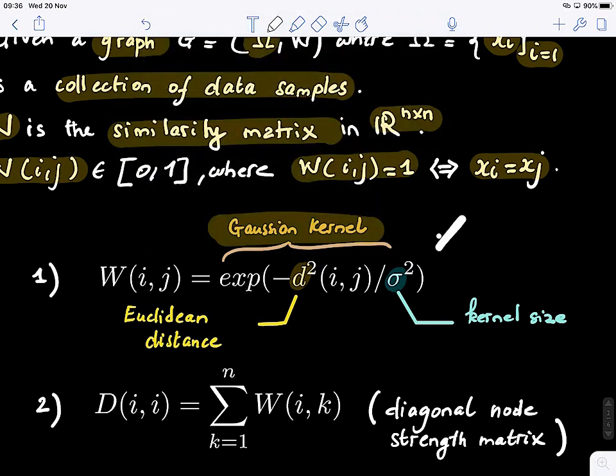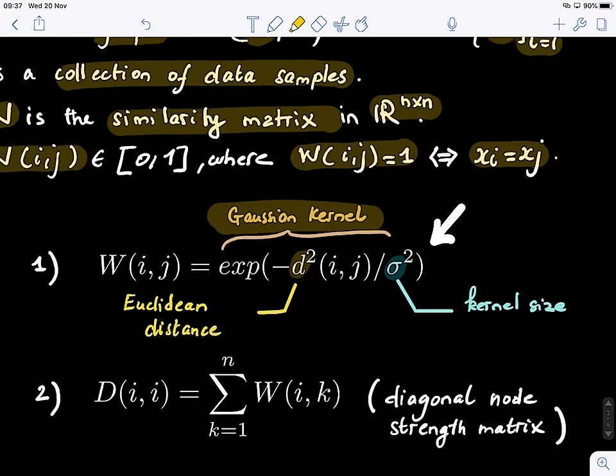Euclidean distance is not perfect, but we can use it as a base approximation of my W matrix, and then learn how to improve it in particular areas, or on the manifold, that are not perfectly Euclidean. They're not flat, they're curved. That's the basic idea, and the improvement will occur through the diffusion process.